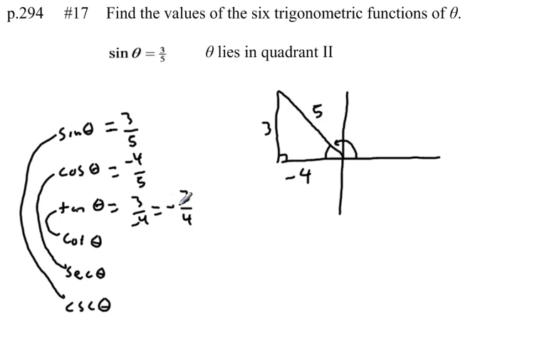So if I know the tangent of theta is -3/4, the cotangent of theta is -4/3. Secant is the reciprocal of cosine, so I can say that's going to be equal to -5/4. And cosecant is the reciprocal of sine, so I know that's going to be equal to 5/3. And there is my 6 answers.